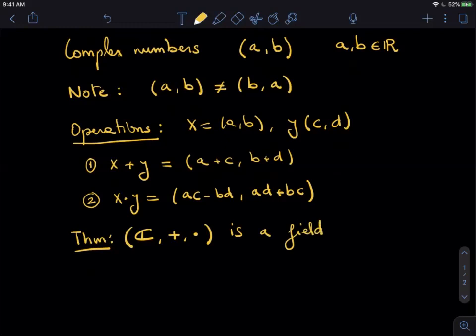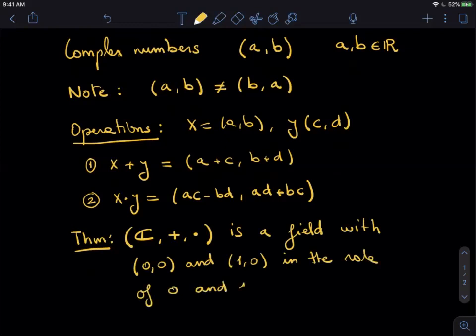And here we have (0, 0) and (1, 0) in the role of 0 and 1 in the axioms A4 and M4. Remember?